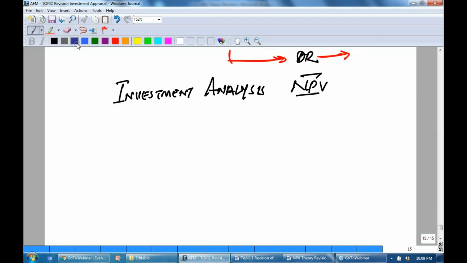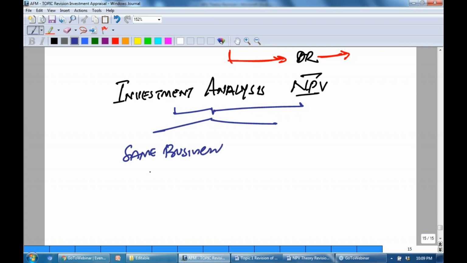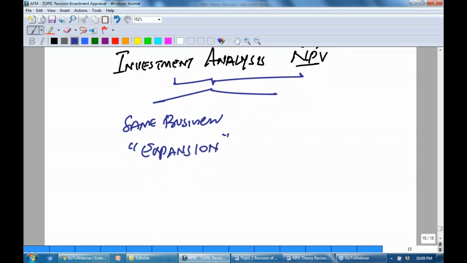Now, we have to consider that whatever the investment analysis we are making, either that investment analysis is about the same business, where we say expansion.